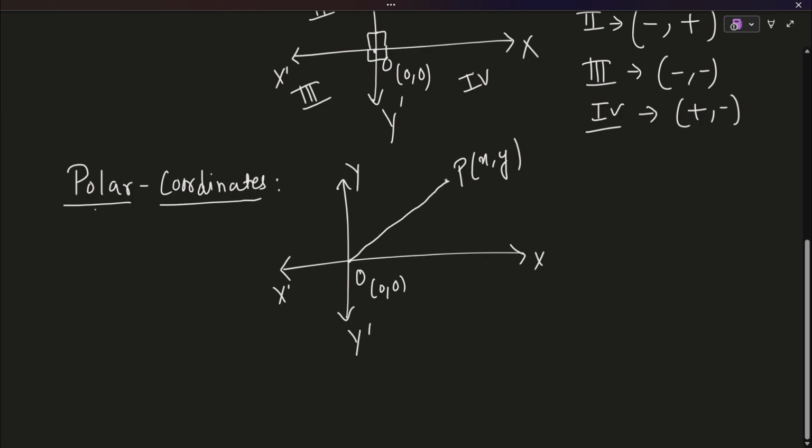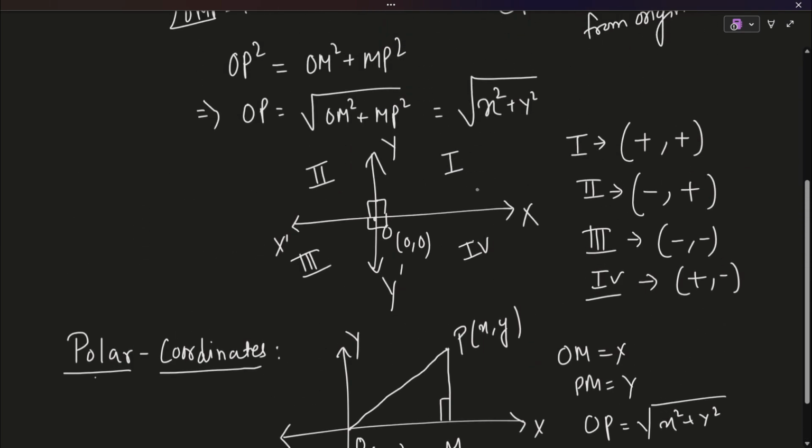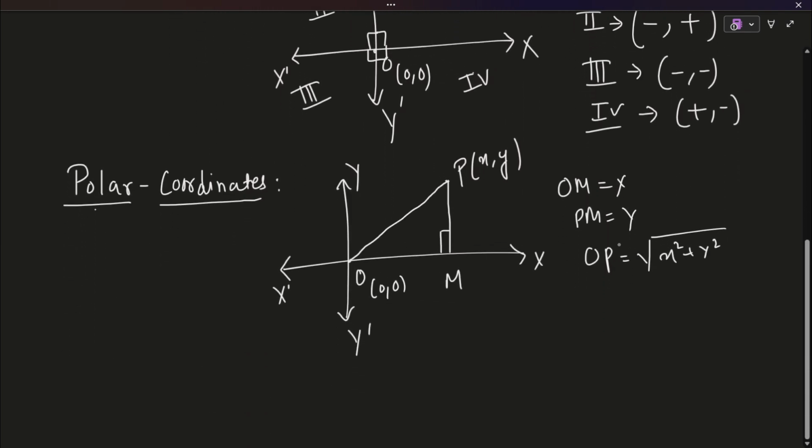If we connect OP and do the same thing we did in the previous illustration, where PM is perpendicular to the x-axis OX, we know that OM is equal to x, PM is equal to y, and OP is equal to the square root of x squared plus y squared, from the Pythagoras theorem, which we have just found out. The distance of any point from the origin is the square root of the sum of the squares of its coordinates.